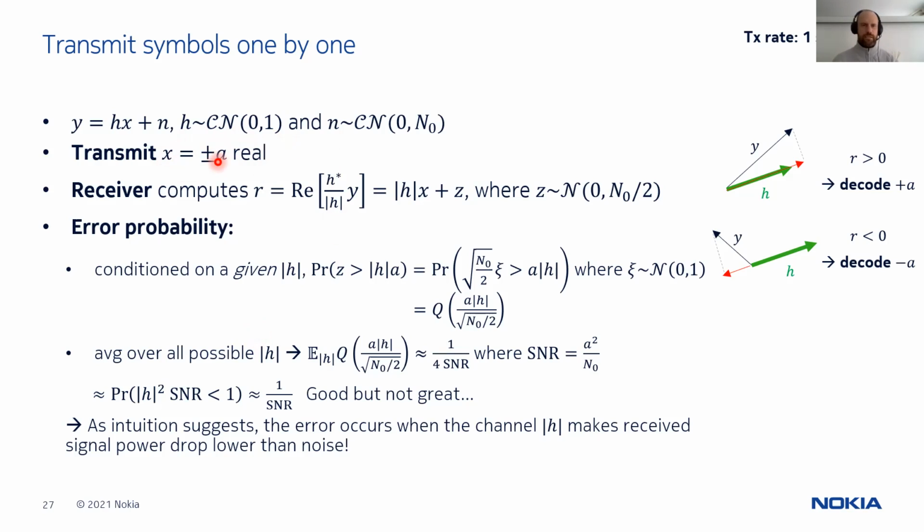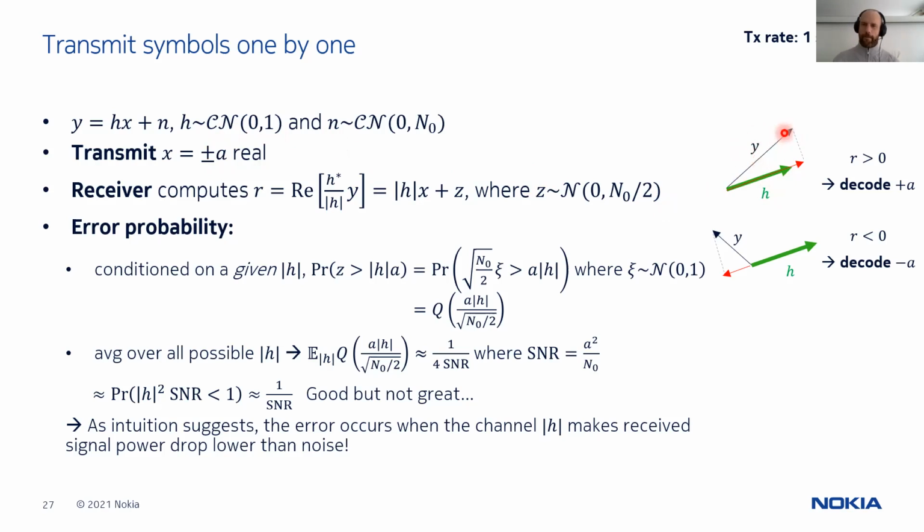It's the simplest modulation scheme that one can think of. Well, let's think of what the channel does. You have this h, which is a complex number. You multiply it by plus or minus A, let's say plus or minus 1, and then you add noise, and then you get what you get.